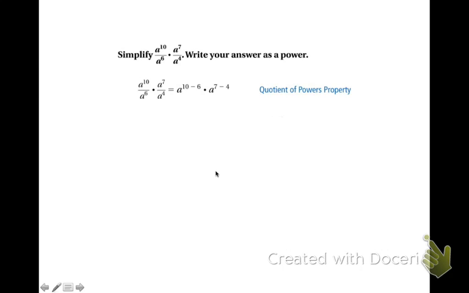So a to the 10th over a to the 6th could be simplified using the quotient of powers property, a to the 10 minus 6, times, in the second fraction you have a to the 7th over a to the 4th, so a to the 7 minus 4. A to the 4 times a cubed could then again be simplified using the product of powers property, and you could add the exponents. And get a to the 7th power.